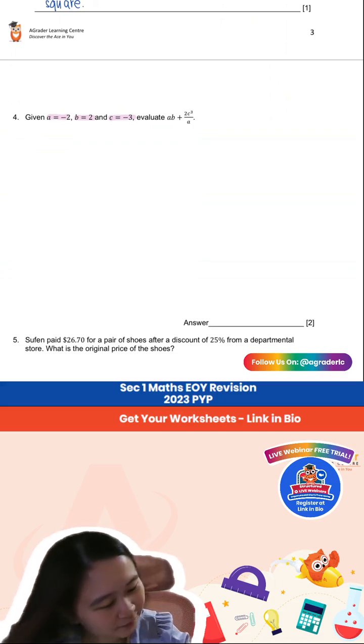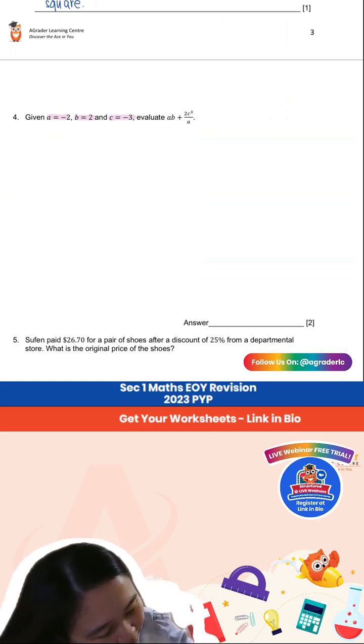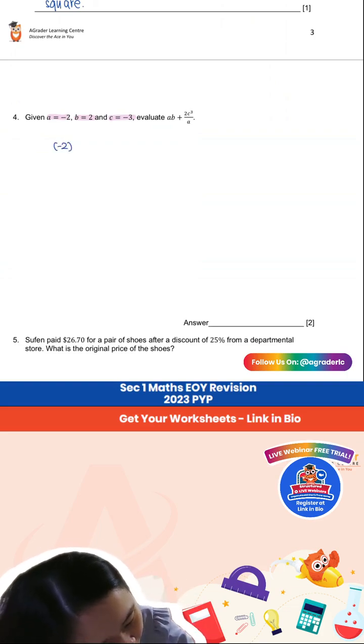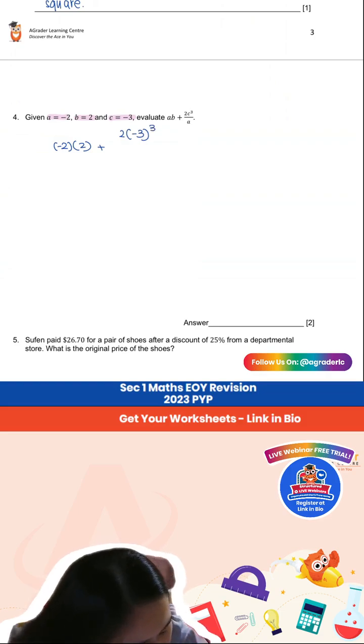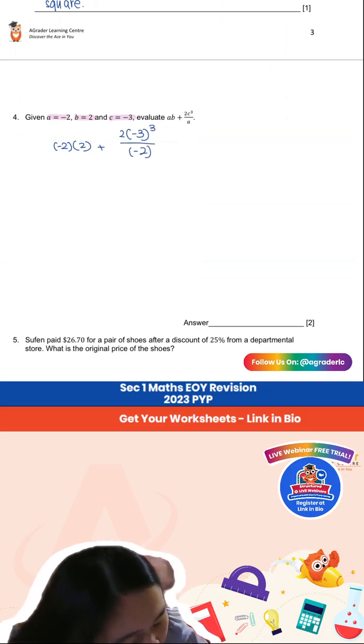Hello. Okay, so I substitute in the values of A. A is -2 times B is 2 plus 2 times C is -3 cube over A is -2.